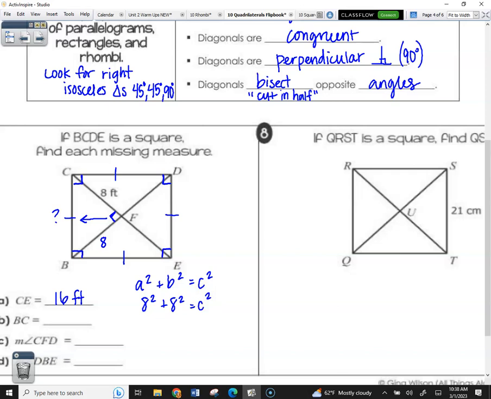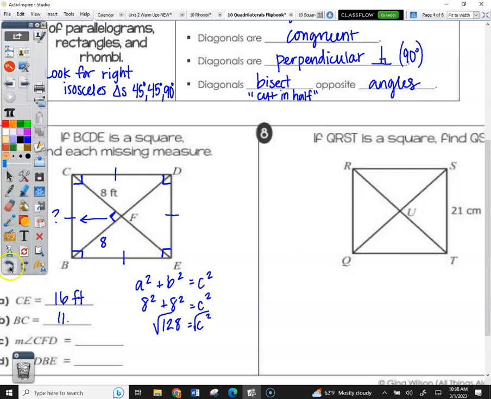Equals. It's going to be a decimal. We're just going to round to the nearest 10th. 11.3. This ends up being 130 or 128. And then you square root that, and you get 11 point, I think 3. Right? Yeah.